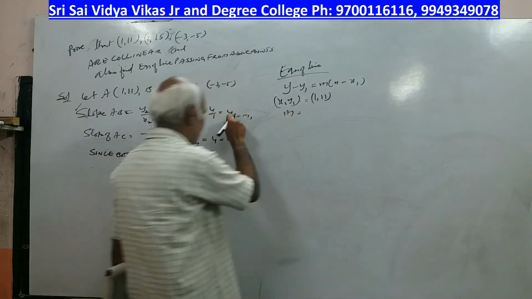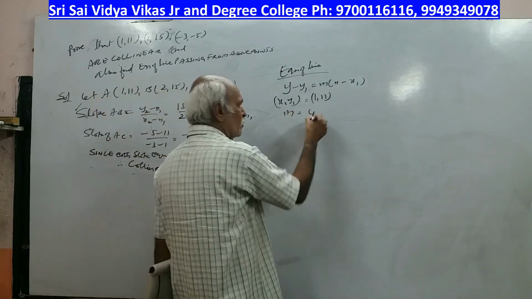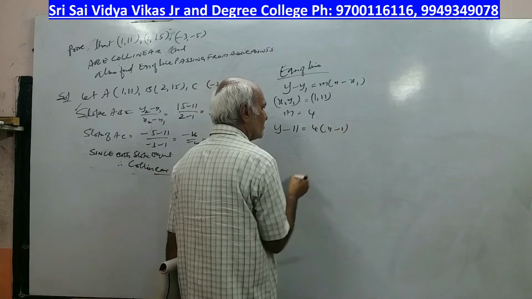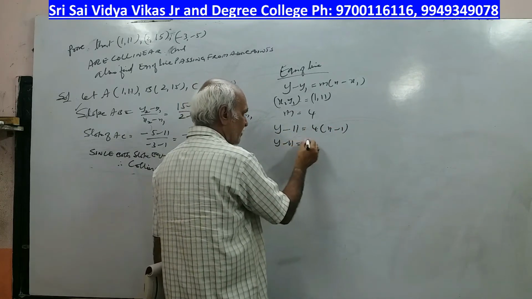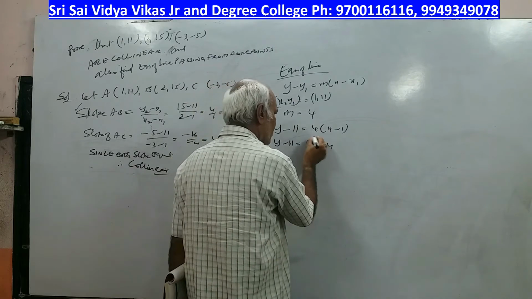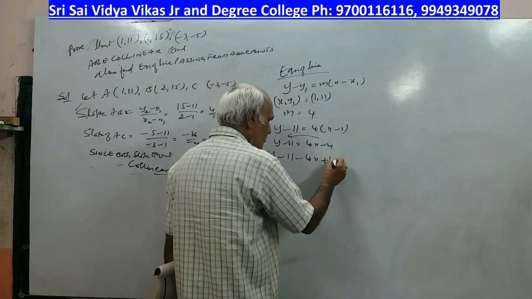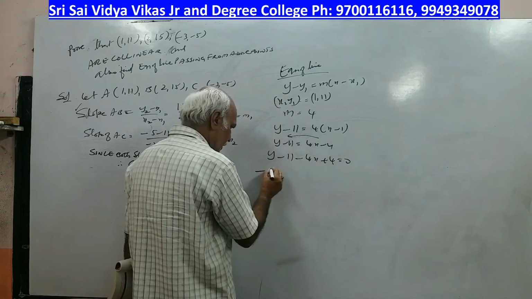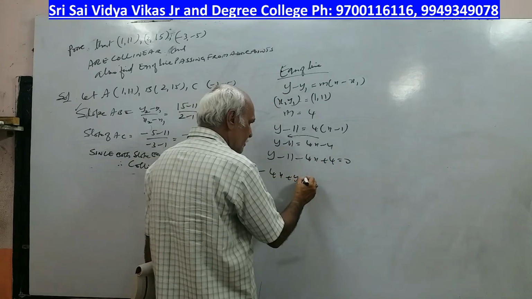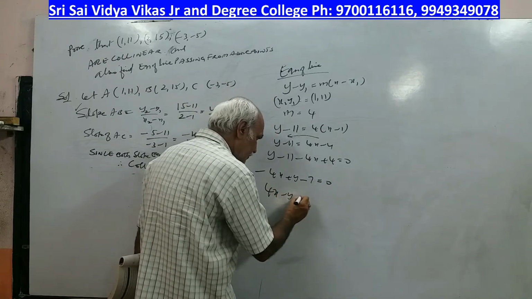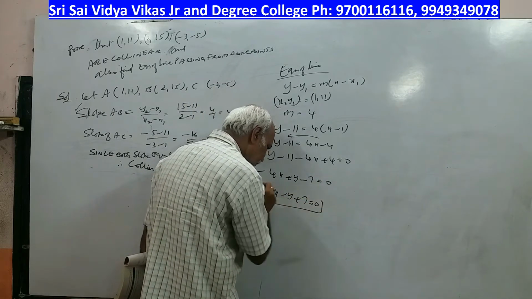The m value we got is 4. So y minus 11 is equal to 4 into x minus 1. So y minus 11 is equal to 4x minus 4. Bring the terms to this side: y minus 11 minus 4x plus 4 is equal to 0. So minus 4x plus y minus 7 is equal to 0. Remove the minus sign: 4x minus y plus 7 is equal to 0.